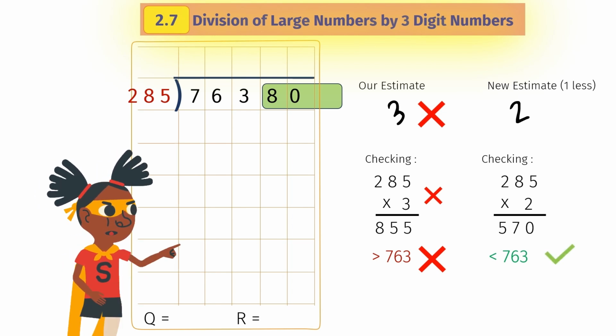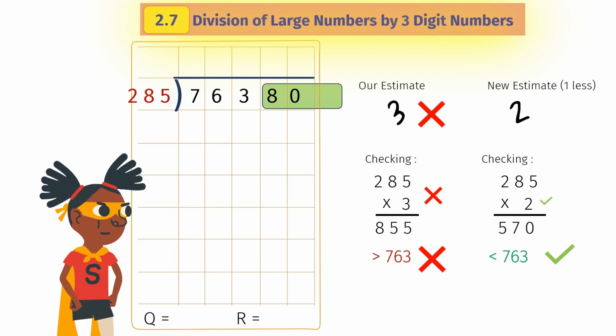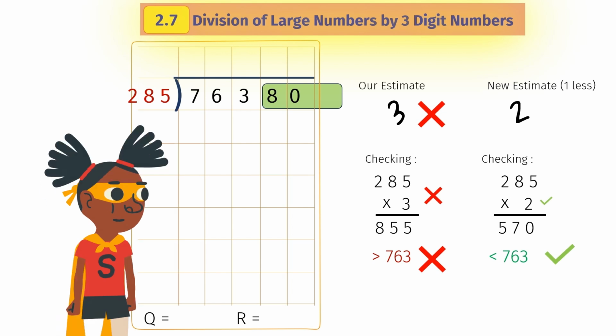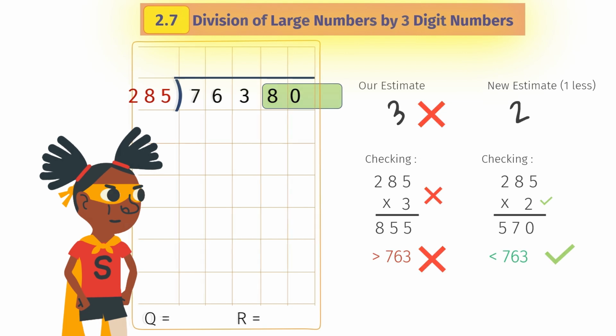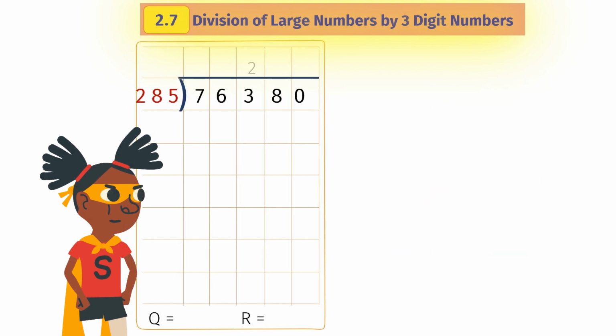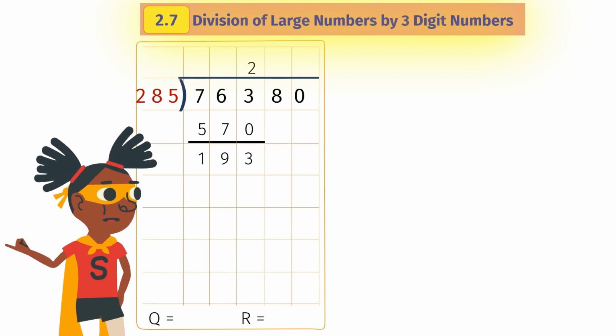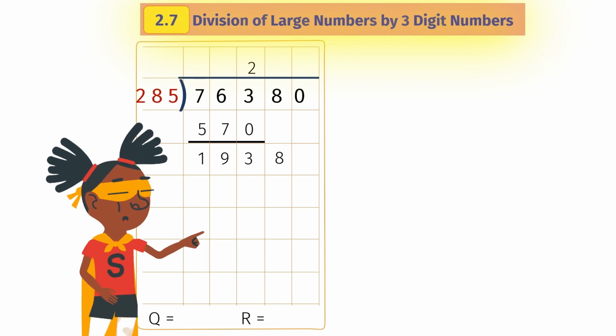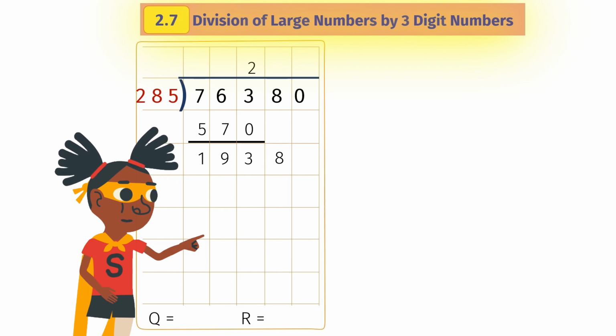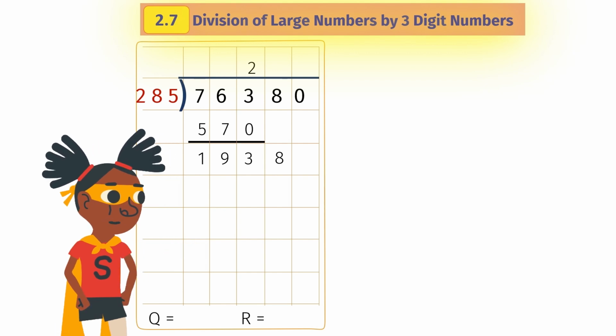So we go ahead with 2. We write 2 and 570 in the correct places. Subtract 763 minus 570. We get 193. And 8 from the dividend.